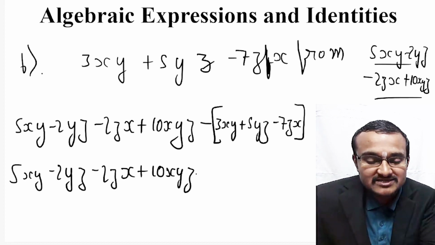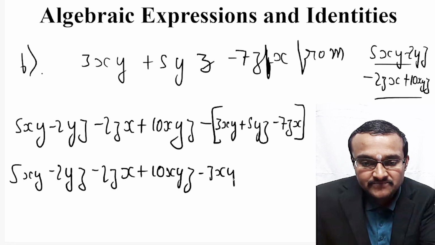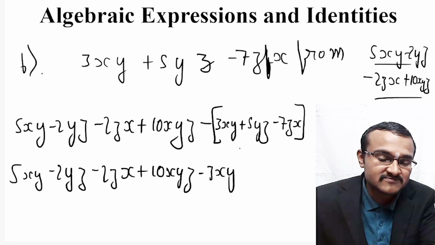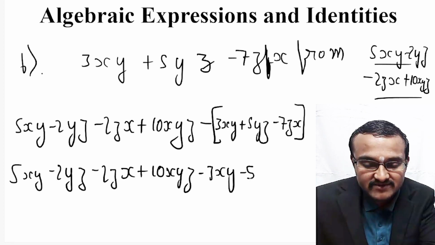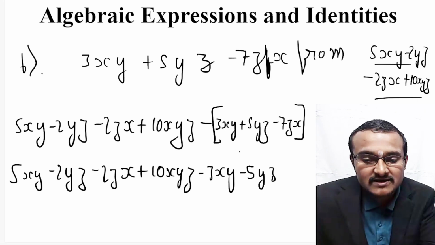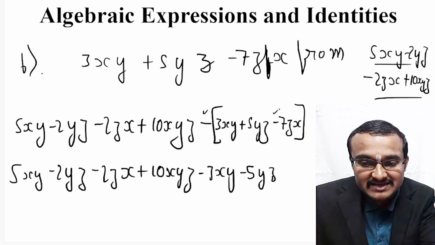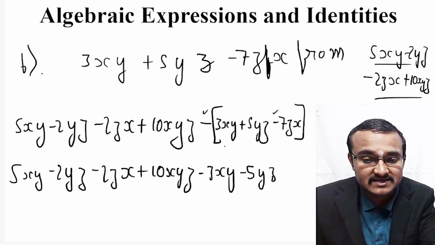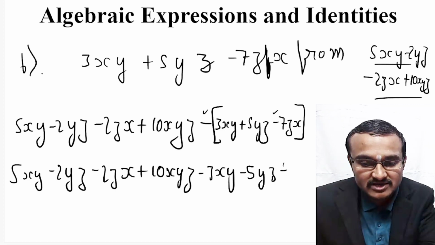So now minus into plus 3xy will be minus 3xy, minus into plus 5yz will be minus 5yz. So minus into minus 7zx will become plus 7zx.